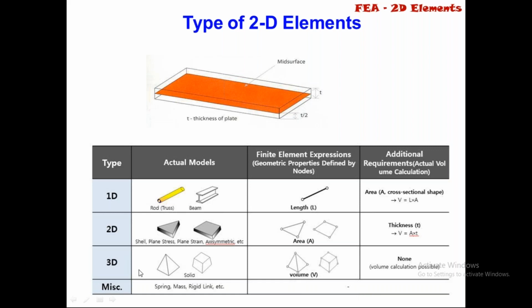Then miscellaneous elements for FE analysis: we consider spring, mass and rigid link. These are somewhat miscellaneous, other than standard. For standard purposes, we consider only 1D, 2D, and 3D.